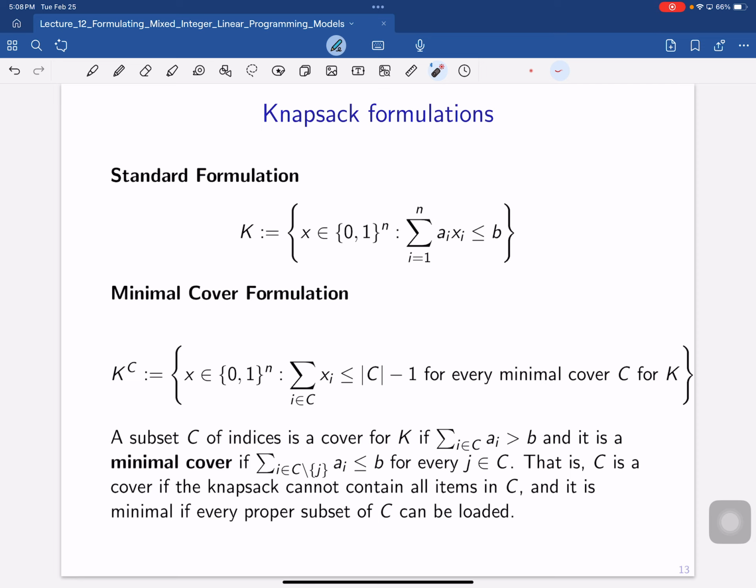If we take any one more item, the sum of ai will be greater than b in the cover. Yeah, exactly right. That's just the definition of minimal cover. If you violate this inequality, then essentially you have this violated. That's why if this inequality holds, this must hold. Okay, so what about the other way around? If all the minimal cover inequalities hold, then this inequality must hold.